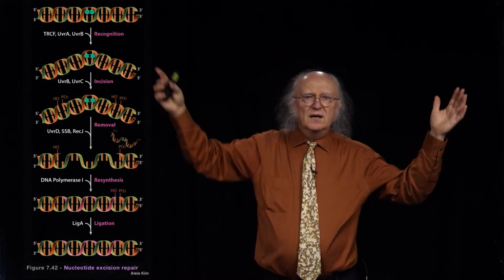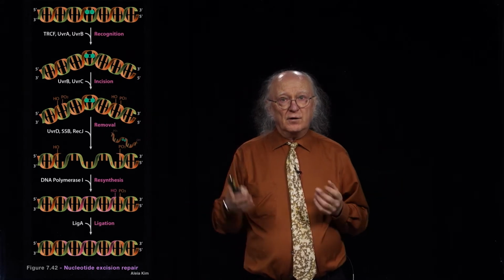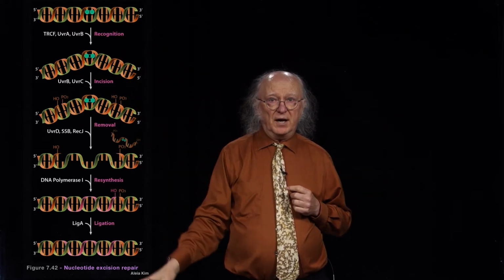You might say, well, why do cells have a mechanism for thymine dimers that involves nucleotide excision repair, and they have photolyase? Why doesn't it just have one? Okay. Well, first of all, you can see that nucleotide excision repair will work on something like thymine dimers, but it will also work on something that had a molecule attached there.